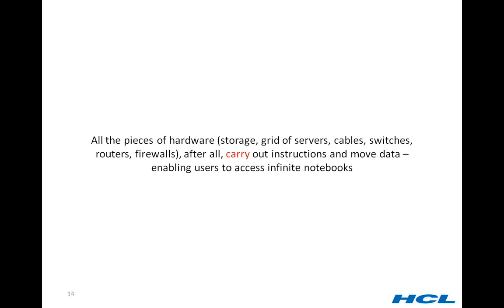But finally, if you look at it, now I'm just bringing you into the current architecture of big data centers, or large systems. Finally, all the pieces of hardware, whatever you call them, say storage, a grid of servers, cables, switches, routers, firewalls, wireless, whatever it is, after all, what do they do?